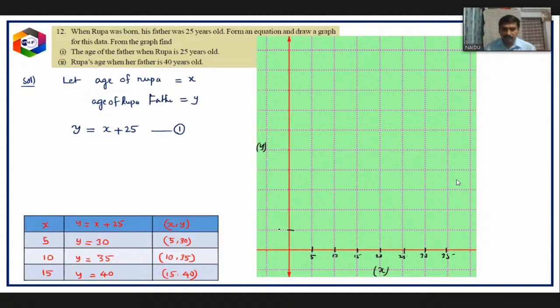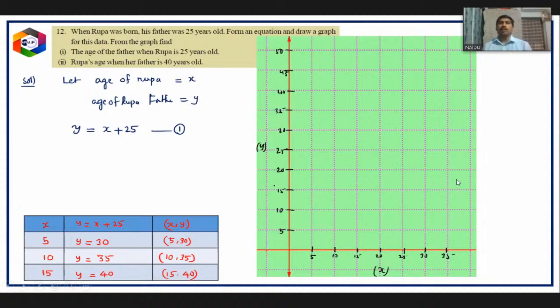Similarly on the y-axis: 5, 10, 15, 20, 25, 30, 35, 40, 45, and 50.